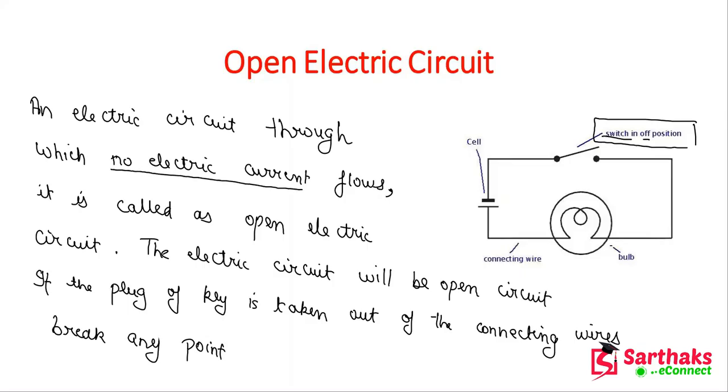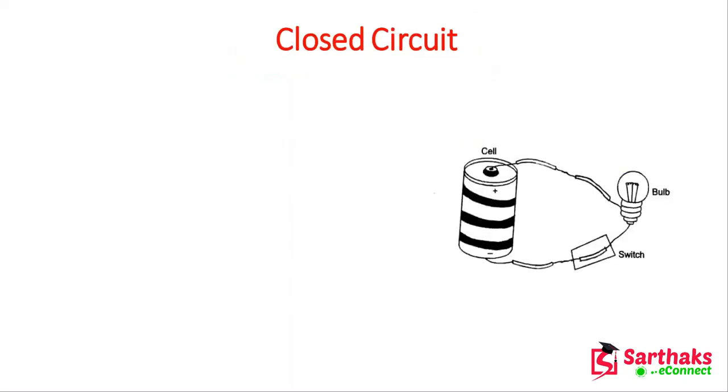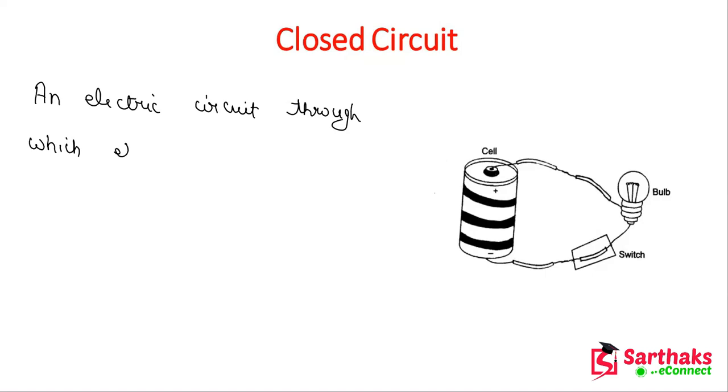Now the next topic that we are going to look at is the closed circuit. A closed circuit is an electric circuit through which the electric current flows.